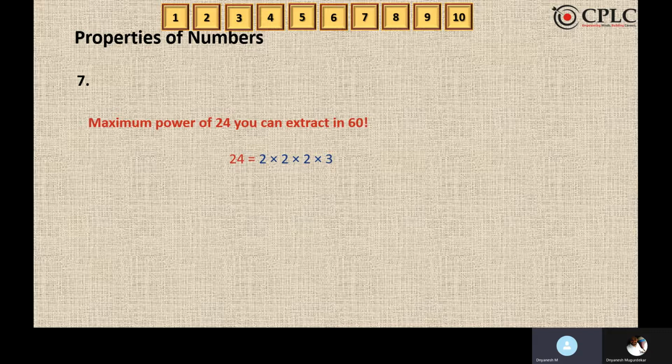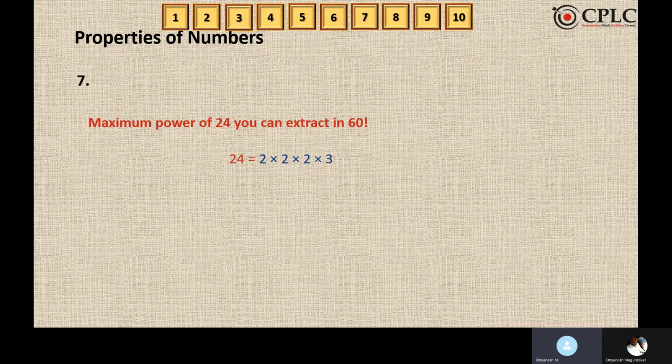We only do that when the mixing ratio is 1 is to 1. That is, for 21, we need 1 seven and 1 three. For 10, we needed 1 two and 1 five. But here, such is not the case. For 24 to be made, we need actually 3 twos and 1 three. So the ratio is not 1 is to 1.